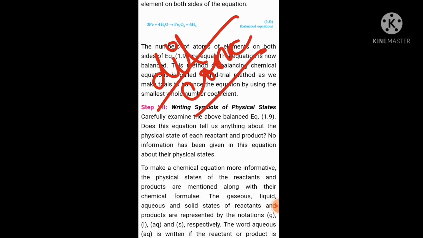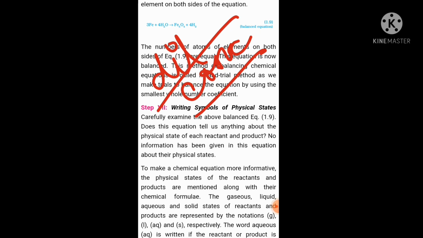Now heat changes accompanying the chemical reaction. In some chemical reactions heat is given out, in some chemical reactions heat is absorbed. Okay, so on this basis reactions are classified into two types, exothermic and endothermic. What is an exothermic chemical reaction? These are those reactions in which heat is evolved during the reaction.